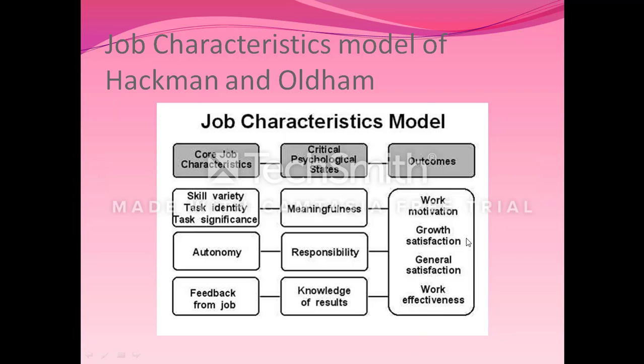Simply, three psychological states are required: meaningfulness, then responsibility, and finally knowledge of the results, meaning how we can improve, why the task is essential, what he has to do, and how he can improve. If these things are clear, then these outcomes can be achieved: work motivation, job satisfaction, and work effectiveness.